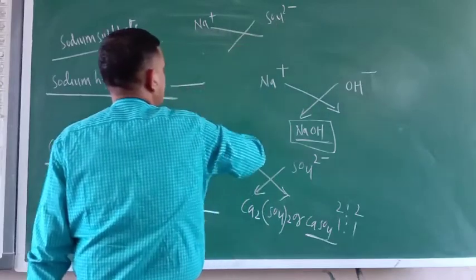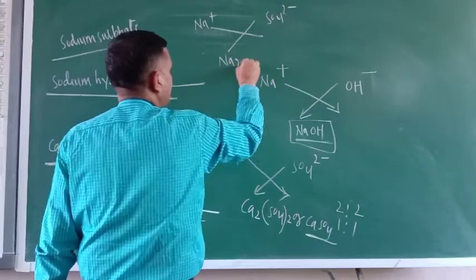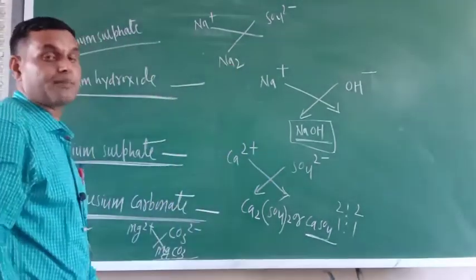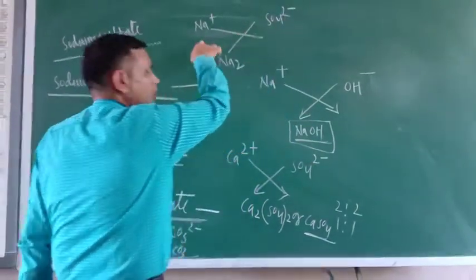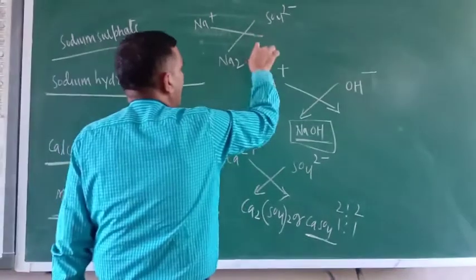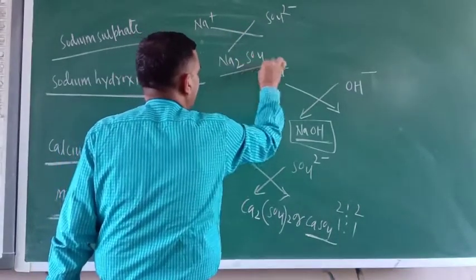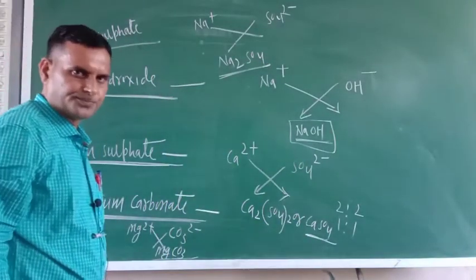Now crisscross this one. Now this is 2, so sodium will become Na2. Downside, as a subscript, you should write the charge of the negatively charged ion to the positively charged ion. Sulfate will be 1 only, so Na2SO4. This is the formula of sodium sulfate.